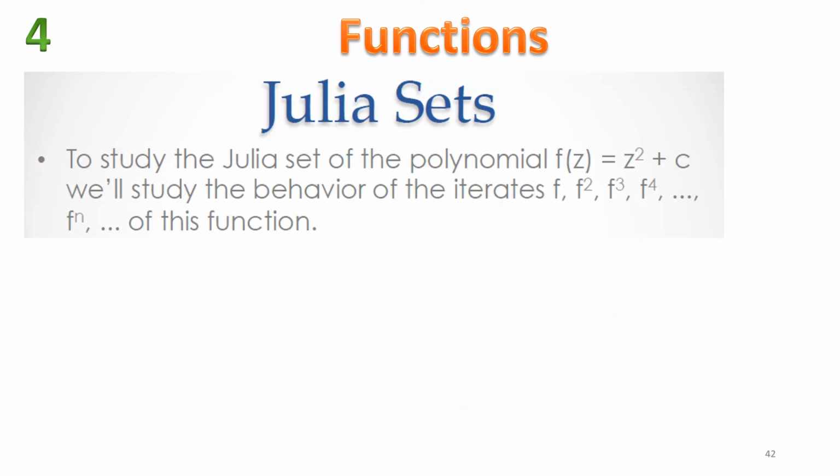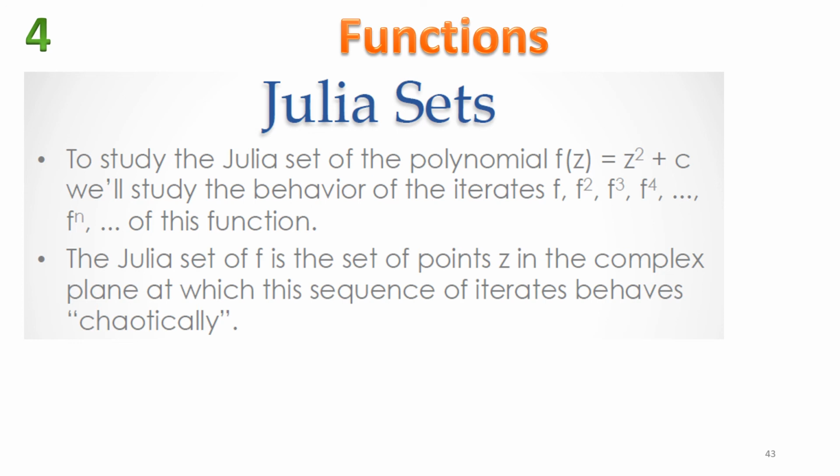To study the Julia set of the polynomial f of z equal to z square plus c, we will study the behavior of the iterates f square, f to the 2, f to the 3, f to the 4, f to the n, and so on of this function.